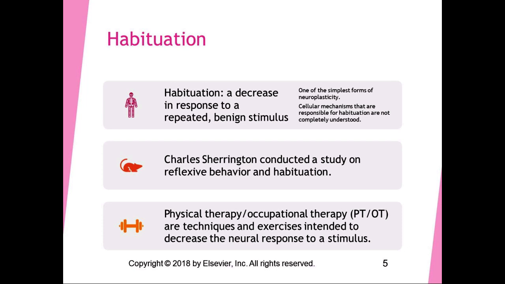So Charles Sherrington did a mildly painful stimulus to a paw. So probably used a monofilament to stimulate the paw. The animal would withdraw its paw. After doing that same benign, non-harming stimulus for a long time, the animal finally just stopped withdrawing its paw. It just got habituated and it wasn't irritating or painful anymore.